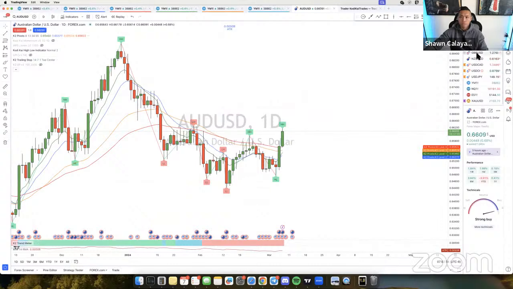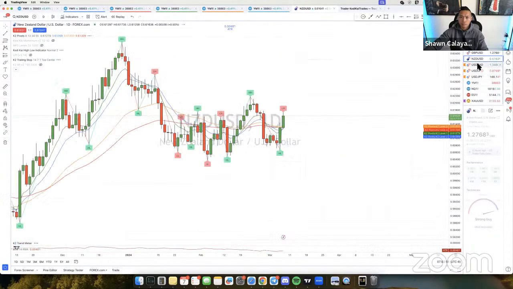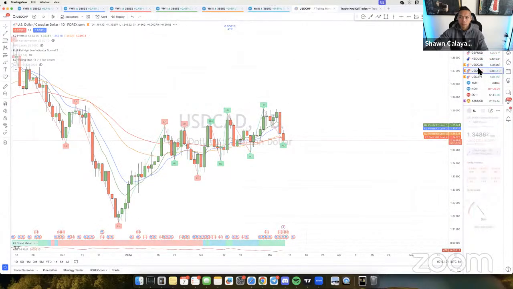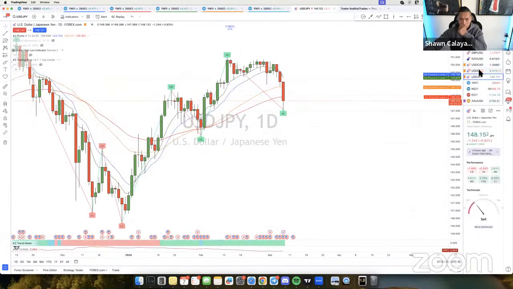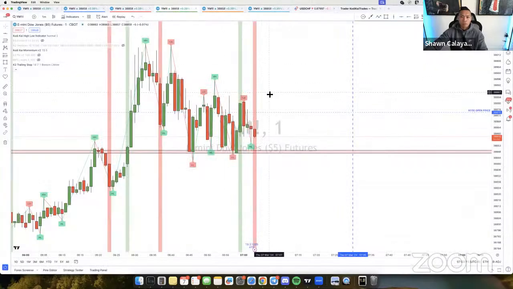It's US weak. US looks weak across the board, so probably just hold on to it. Yeah, it's pretty weak. All right, we get a sell signal here, but there are no other opportunities at the moment.